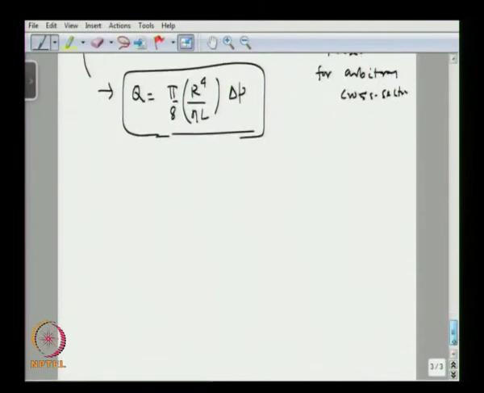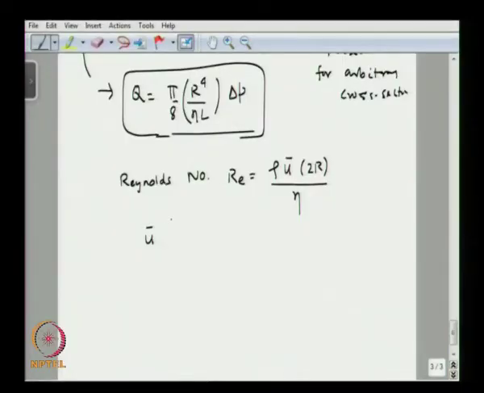How do we define Reynolds number in this case? Reynolds number is defined as Re equal to rho u times the diameter, which is 2r, divided by eta.